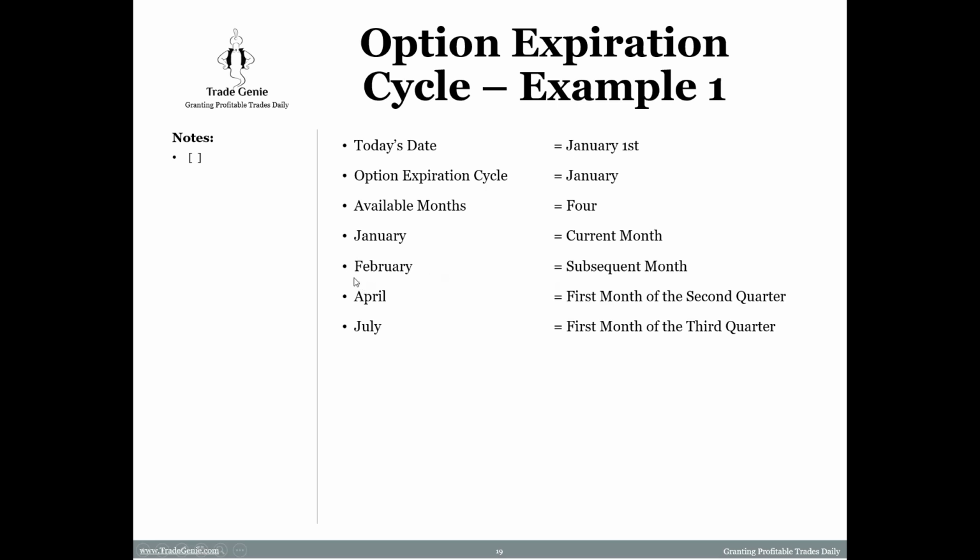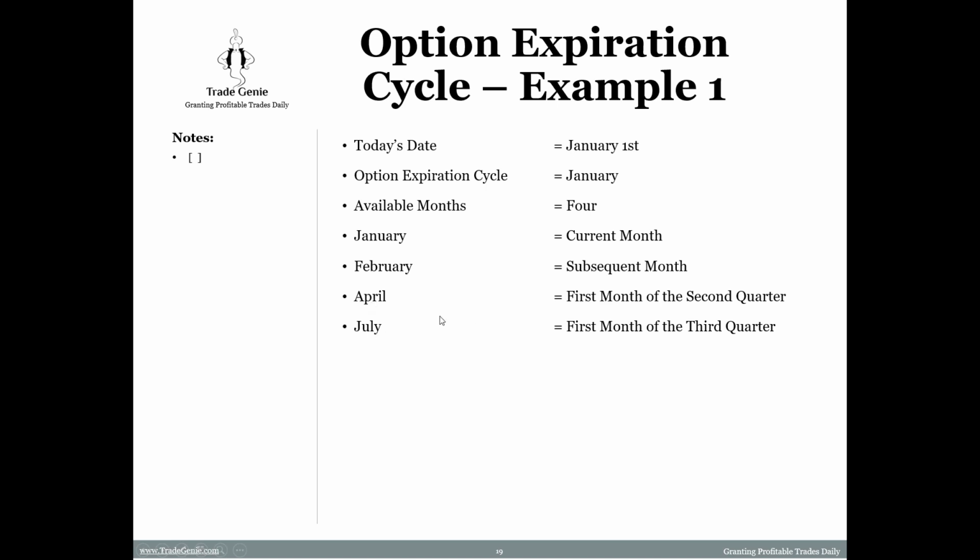But we need 2 more months. Because this stock is assigned to a January cycle, and January is the first month of the quarter, it will have the first month of the next quarter, the second quarter, and the first month of the third quarter. So in other words, you will see January, February, April and July options displayed.